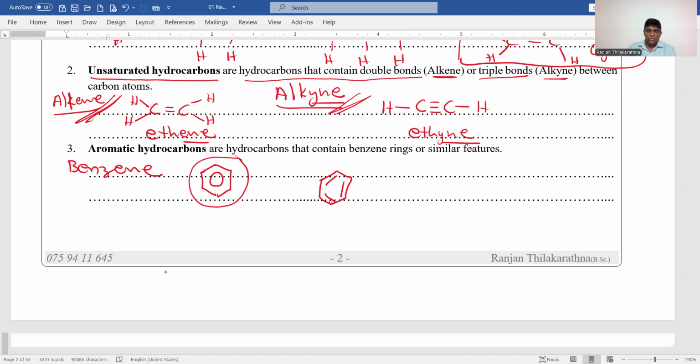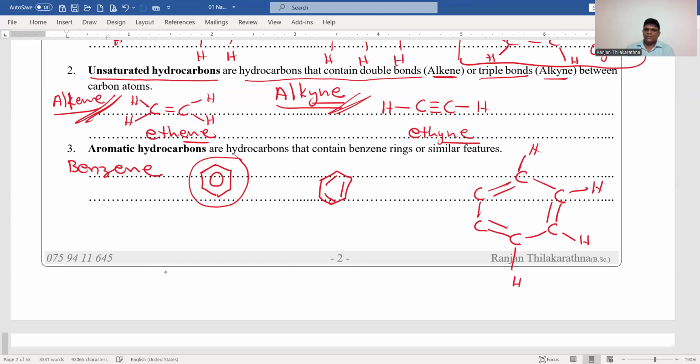If you need to draw the actual structure of benzene using carbon and hydrogen, you will see that this is a hexagon. In that hexagon, at each corner we have a carbon atom like this. Then you can connect them using single bonds and then alternating double bonds like this. And each carbon has one hydrogen atom on it.